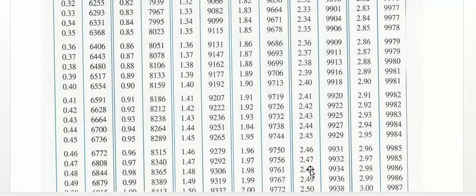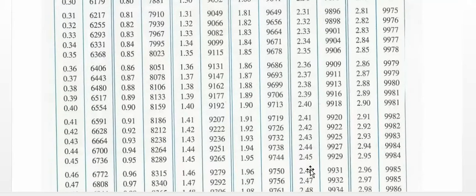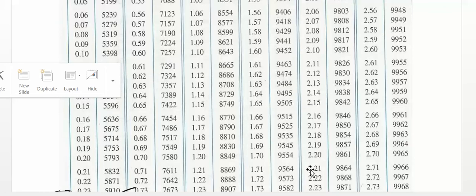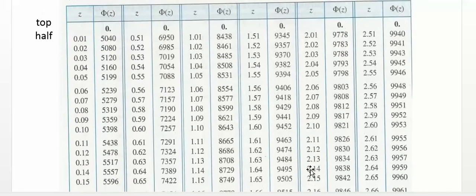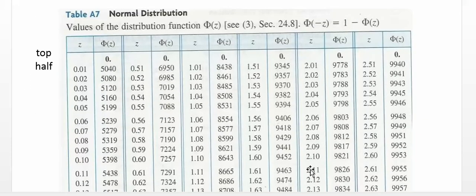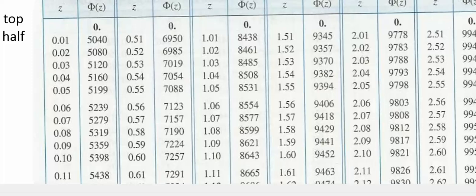Better look in the bottom half. Nope, it must have been in the top half. There it is. 0.58 gives me an answer equal to 0.7190.